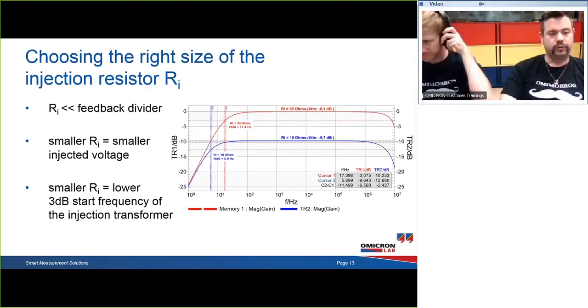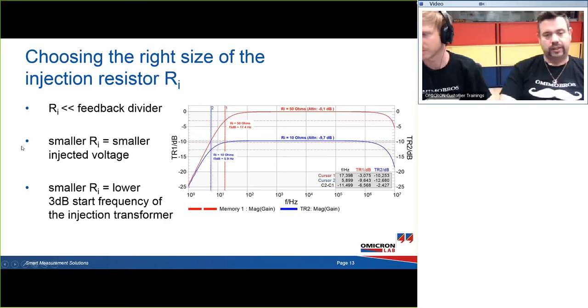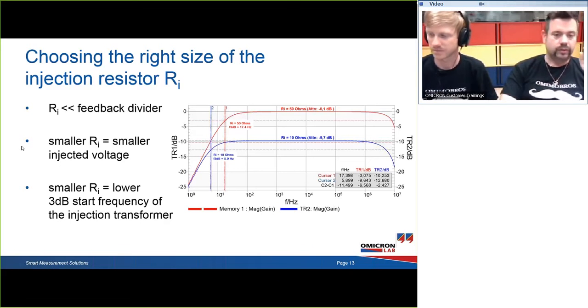As a result, you will get a signal that depends on the injection resistor. The smaller the injection resistor is, the smaller the injected voltage is. For example, on the curve that you can see here, if I have a 50 ohm resistor, I would only lose 0.1 dB in the injection transformer, and the attenuation at 10 ohms is already roughly 10 dB.